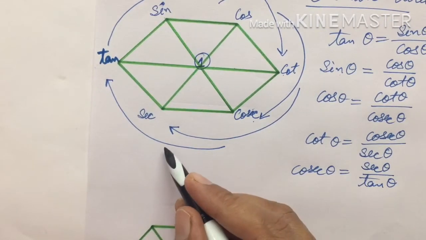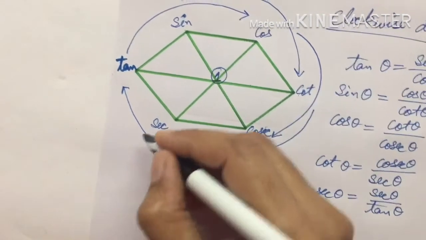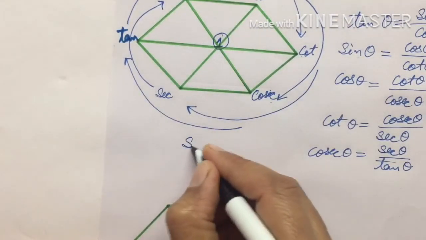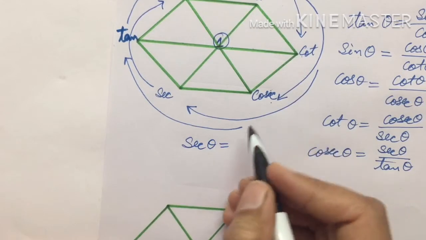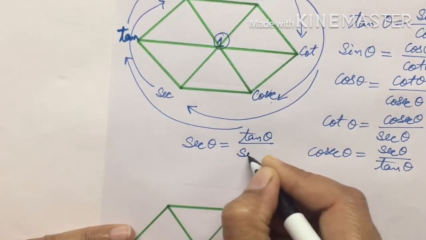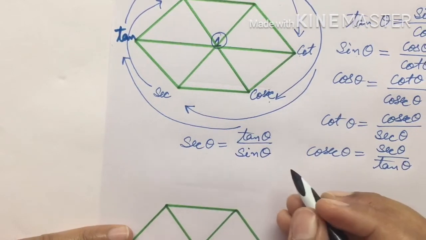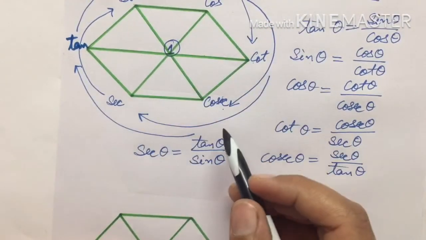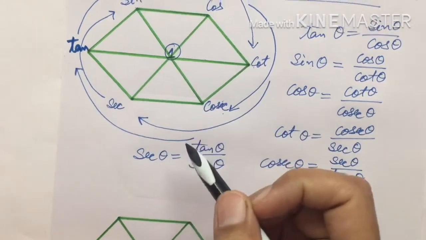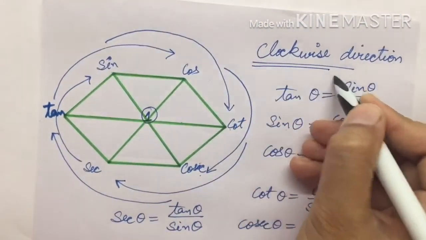Then I will start from secant and go up to sine. So secant theta is equal to tan theta upon sine theta. Here you have to take care that we are going in the clockwise direction.